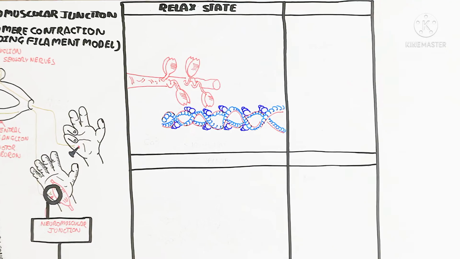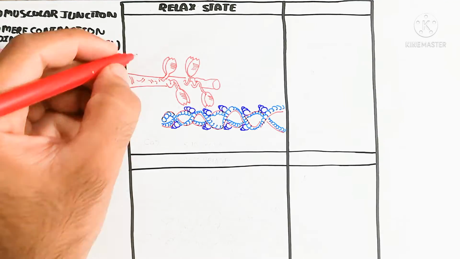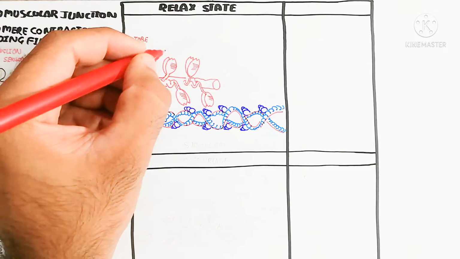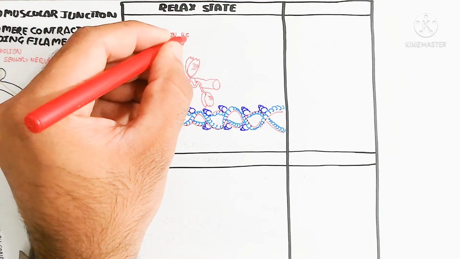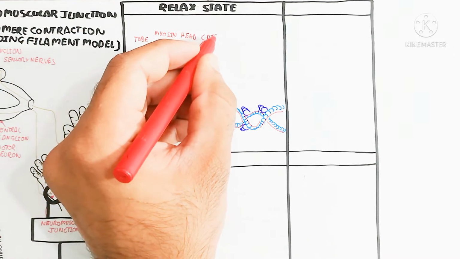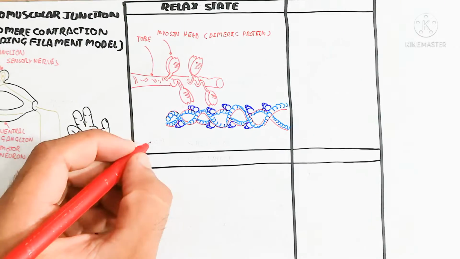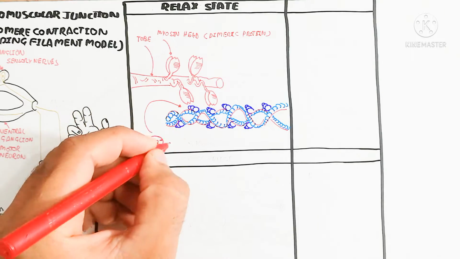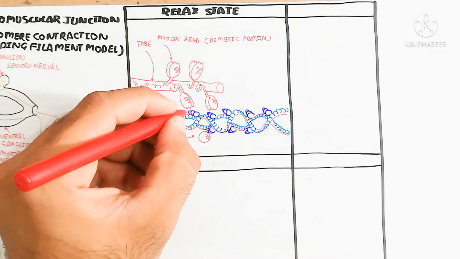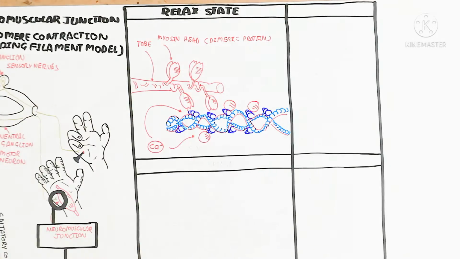So you can see that calcium binds with the troponin, and the myosin head is basically a dimeric protein. Myosin is the thick filament and actin is the thin filament.